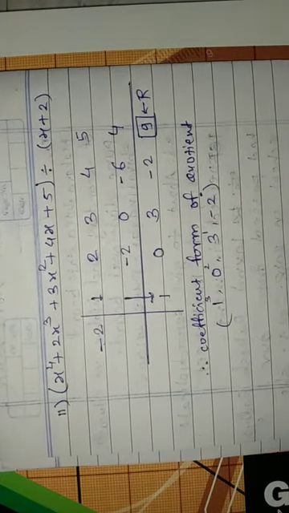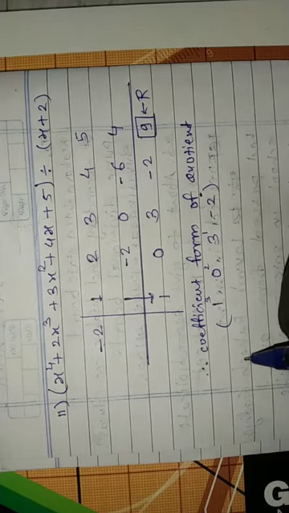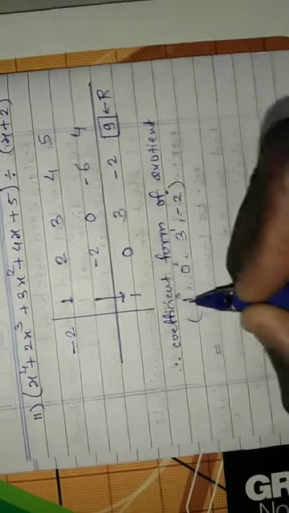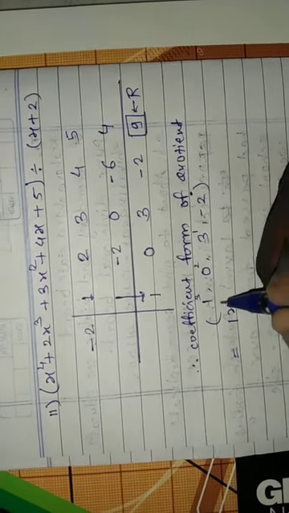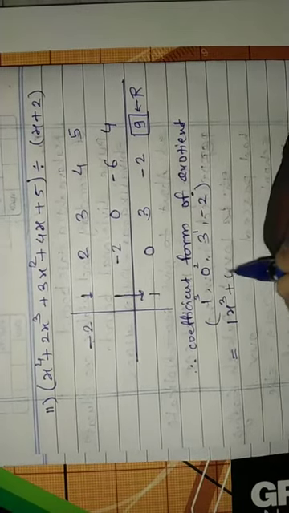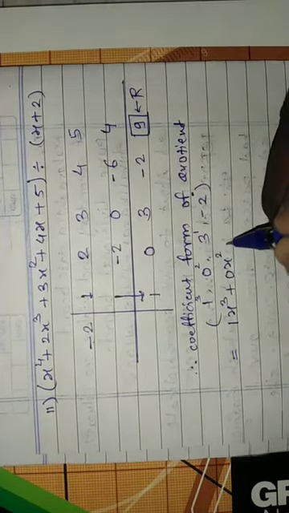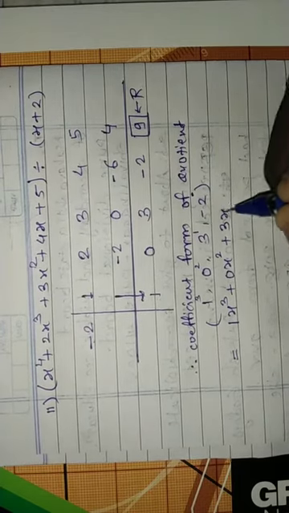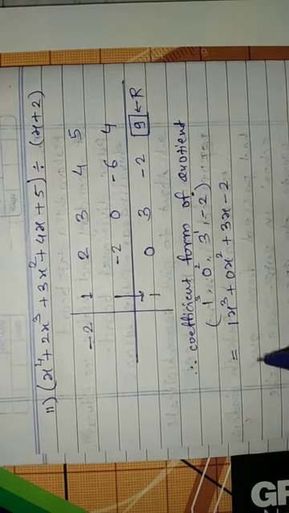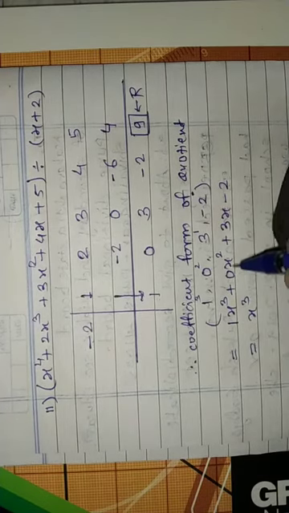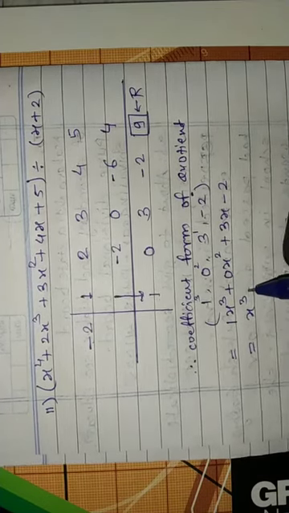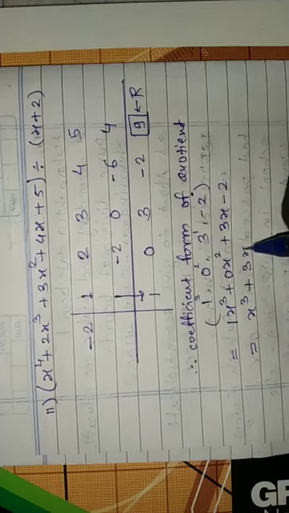So we write it in index form, which is equal to 1x cube, then plus 0x square, no need to write that, then plus 3x raised to 1 and then minus 2. You can also write it directly as x cube plus 3x minus 2, cancelling the 0 term.